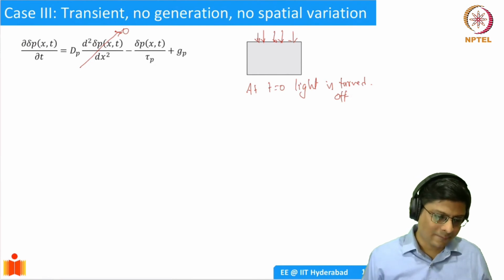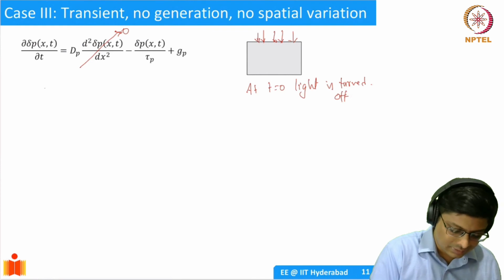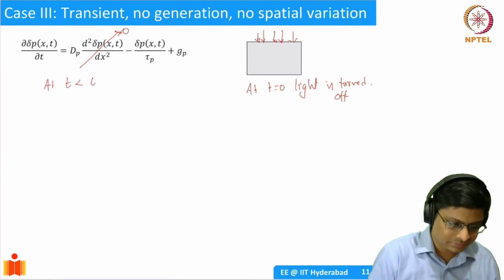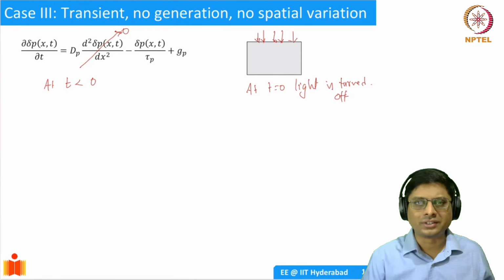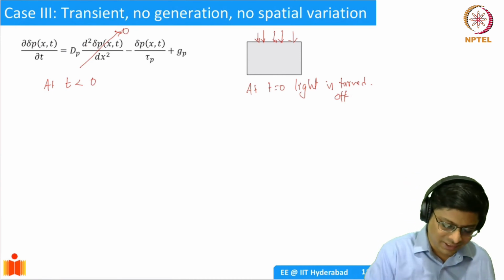Okay. So before, basically what happens at t less than 0, light is on, right? It's going to be in the steady state. You can solve the problem. We have done it a couple of times already.